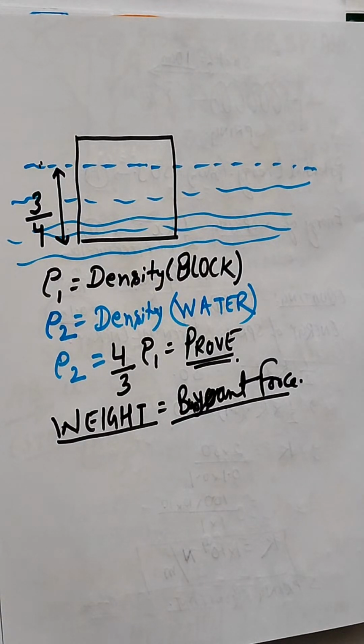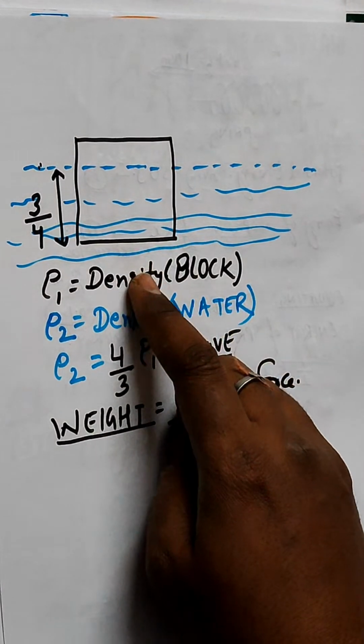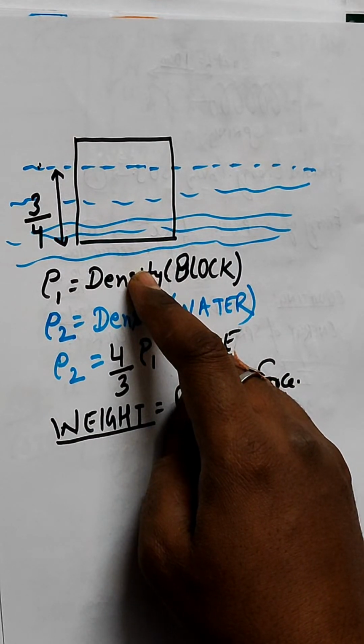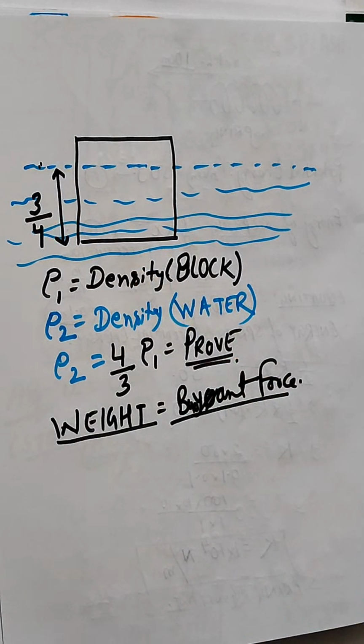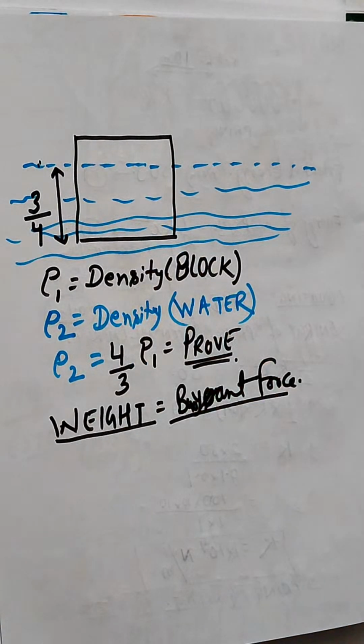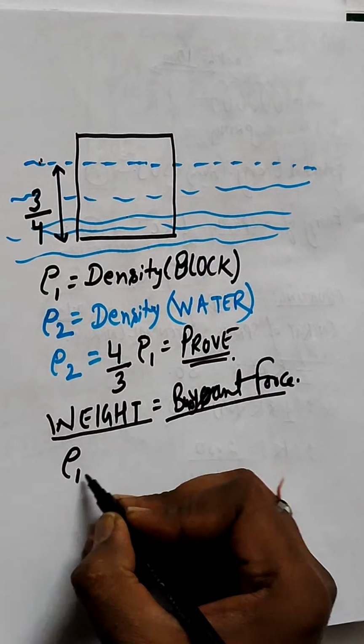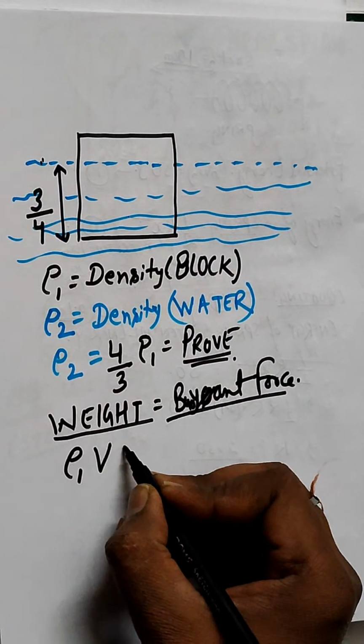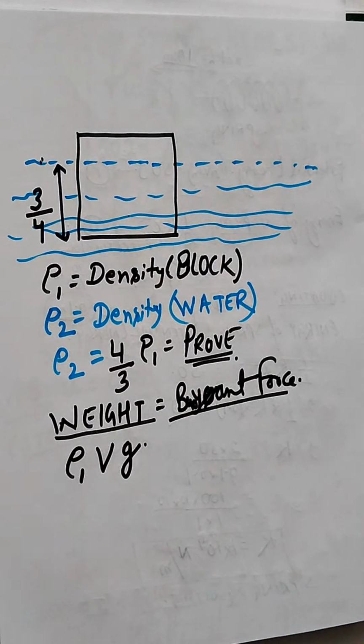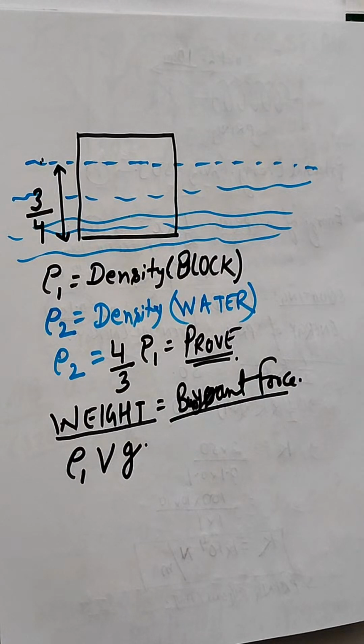The weight of the block is given by this density rho 1, right? So let's say if the volume of the block is V, then we can say that rho 1 V g is the weight of the block, and this will be balanced by the buoyant force.